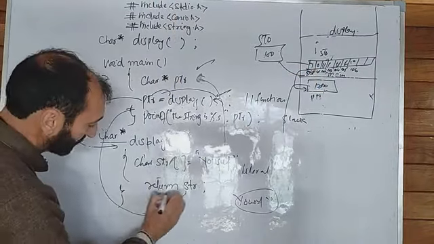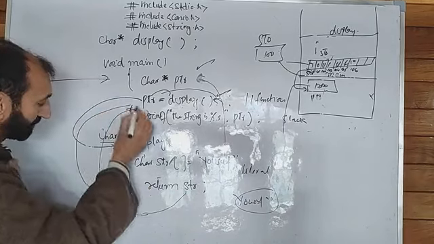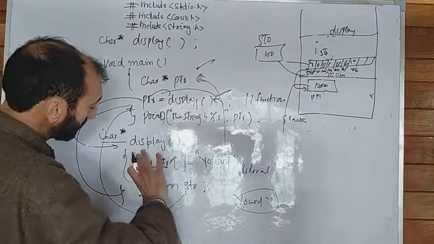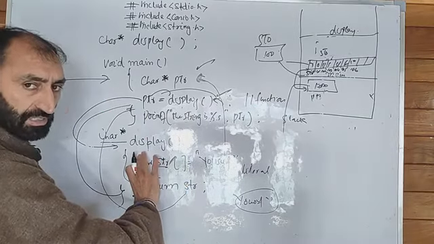But with return str, whenever the control goes outside of the body of this function, you see str is local to this function.